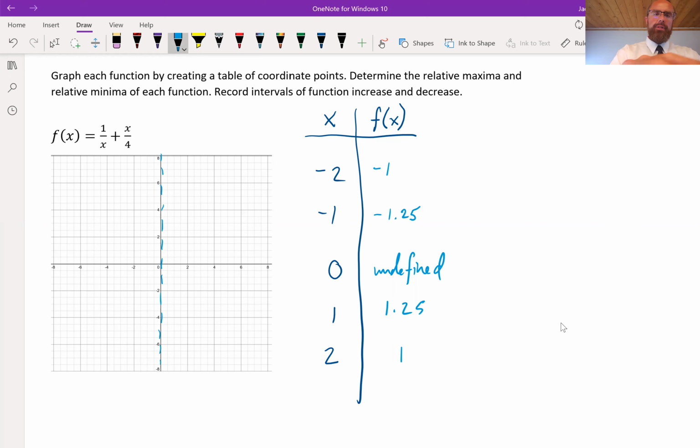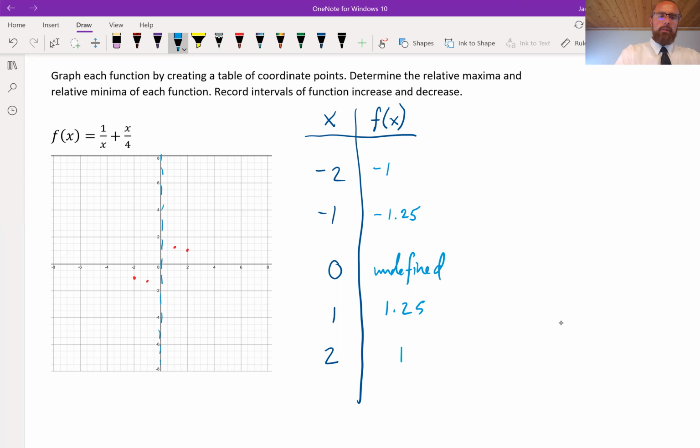Let's graph these points. So at -2, we are at -1. At -1, we're at -1.25, so slightly lower than that y value at -2. At +1, we're at 1.25. And at 2, we're right at 1. So that gives us opportunity to sketch this graph.